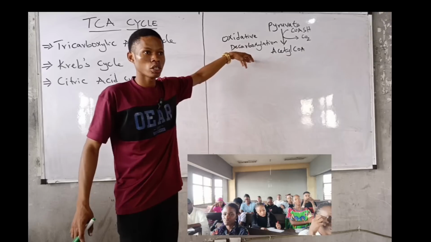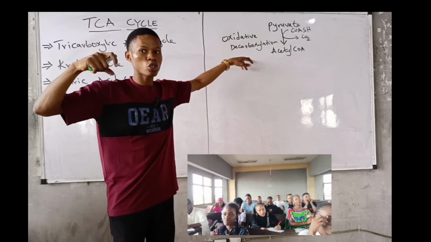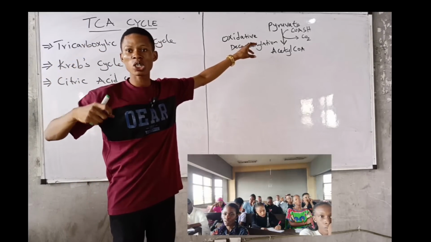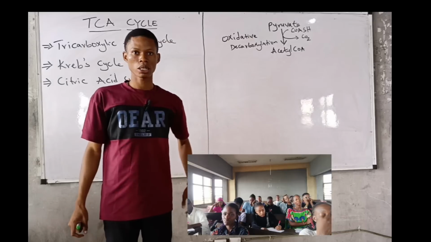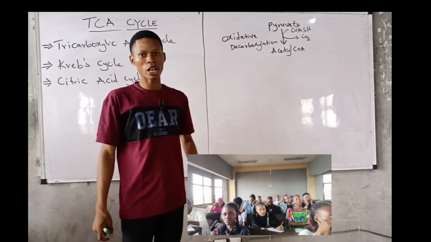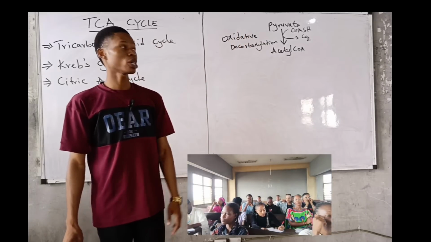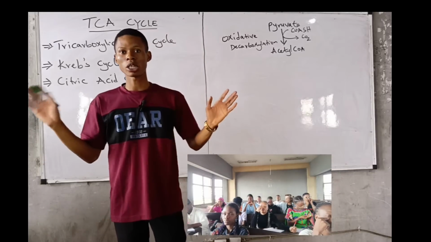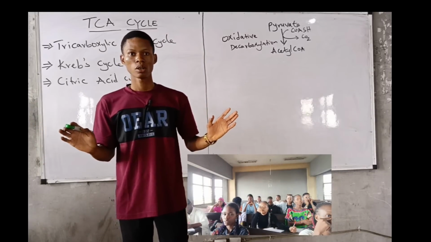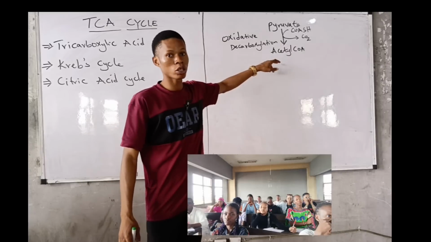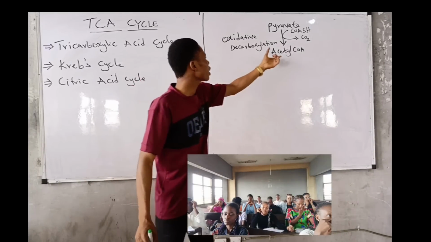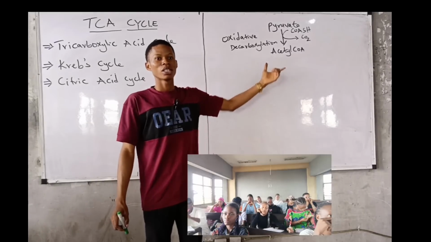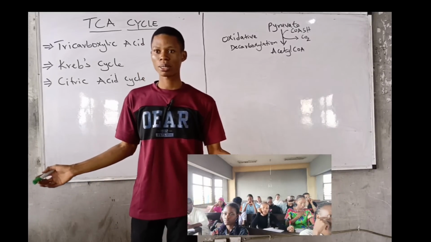Oxidative decarboxylation. Oxidation reaction is taking place here. Oxygen is needed for this reaction to take place, because what is actually happening is an oxidation reaction. So if oxygen is not present, you cannot get acetyl-CoA. Without acetyl-CoA, TCA cycle cannot take place. Do you get that? And so, now that we've gotten our acetyl-CoA, the next thing, TCA cycle can take place.